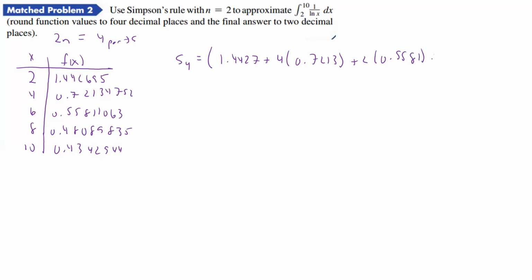And then we're going to go back up to 4 times the next one, 0.4809. And then we're going to go back down to just the last one, which was 0.4343. And then we're going to take that times, in this case, our delta x is 2, divided by our 3. So times 2/3 basically.